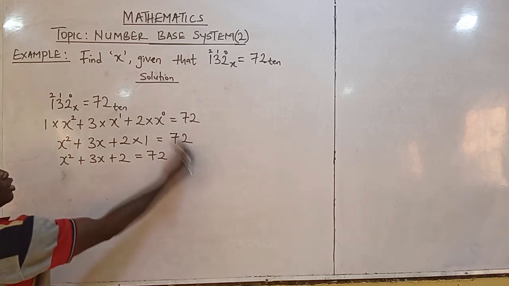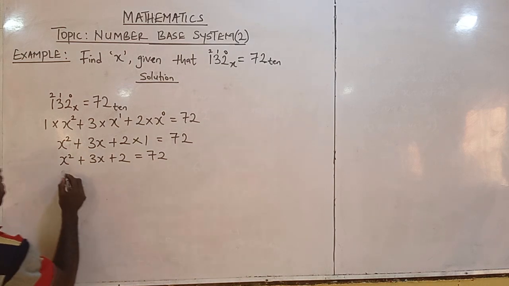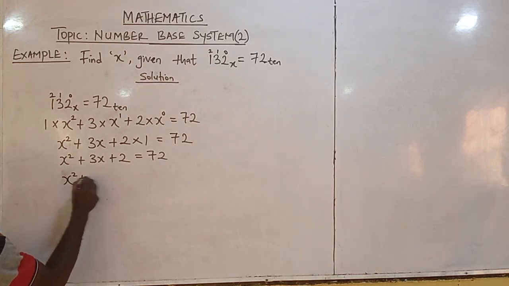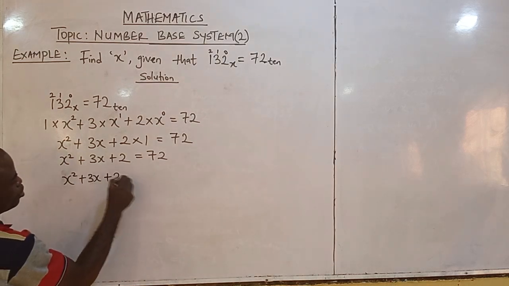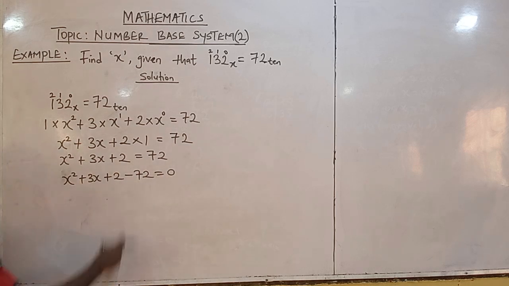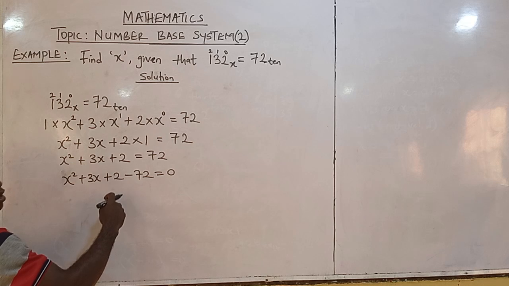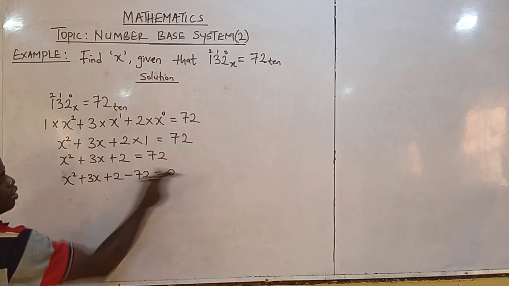Let's take the 72 across the equal sign, because to the left hand side we want to turn it to an equation. x squared plus 3x plus 2 minus 72 equal to 0. When 72 moves to the left hand side, 0 will be here.